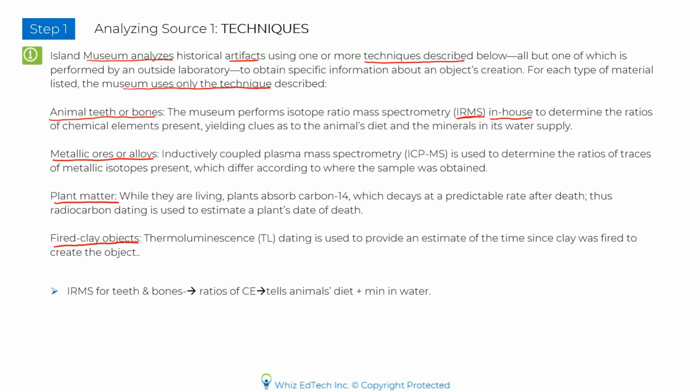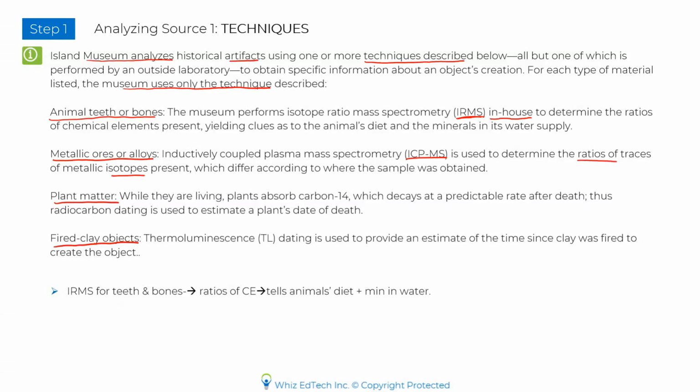Metallic ores or alloys. Inductively coupled plasma mass spectrometry. But what you need to remember is this is used to determine the ratio of traces of metallic isotopes present. So I've shortened that down to ratios of isotopes, which differ according to where the sample was obtained, which means that ICP-MS would tell us where the metal was obtained from.